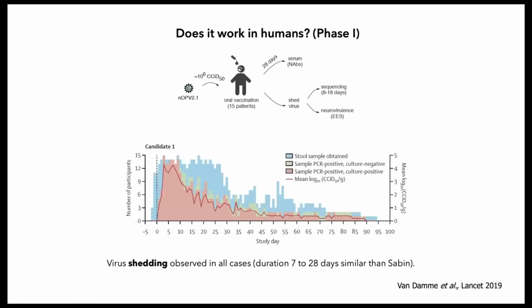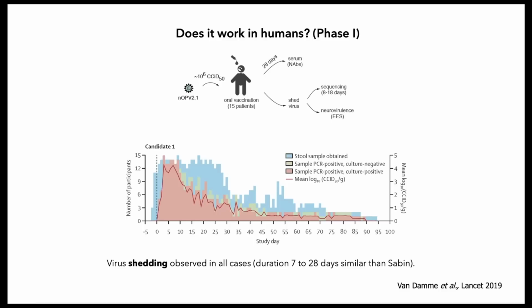And this graphic was actually very reassuring, and we were very happy when we saw that this virus was able to take in humans by oral inoculation. And actually the pattern of replication and clearance was very similar to that of Sabin.